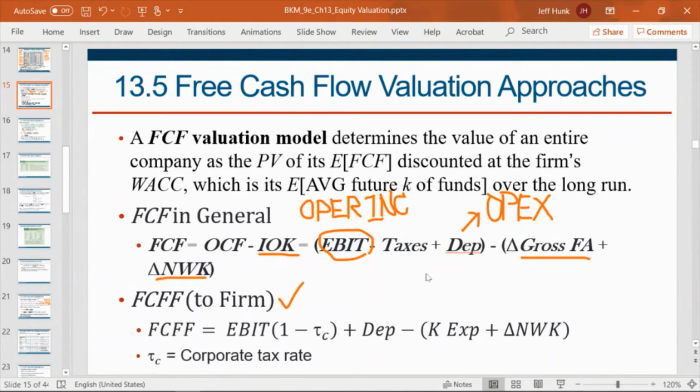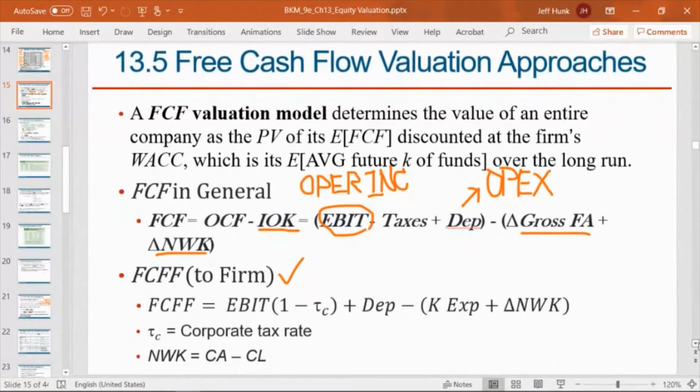Okay, current assets. Now, current assets is also called working capital. Net working capital is then what? Current assets minus current liabilities.